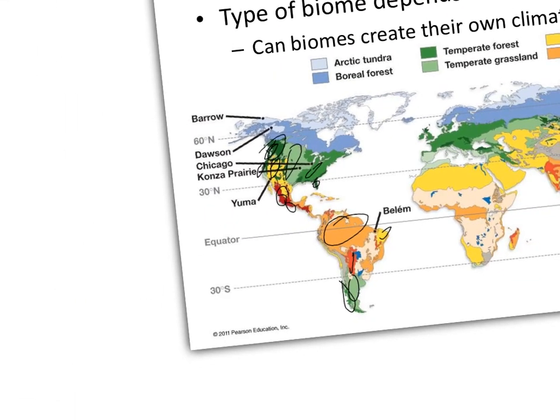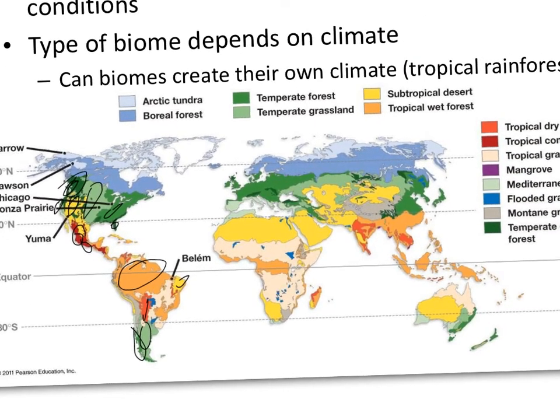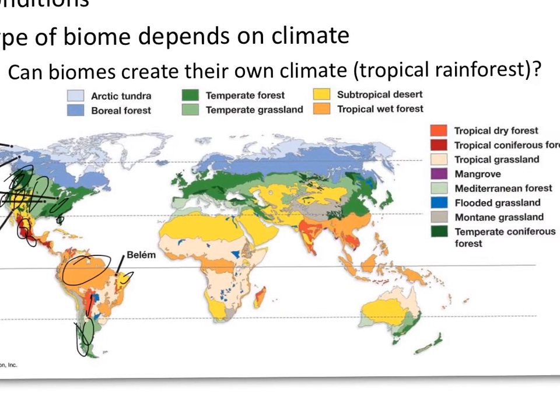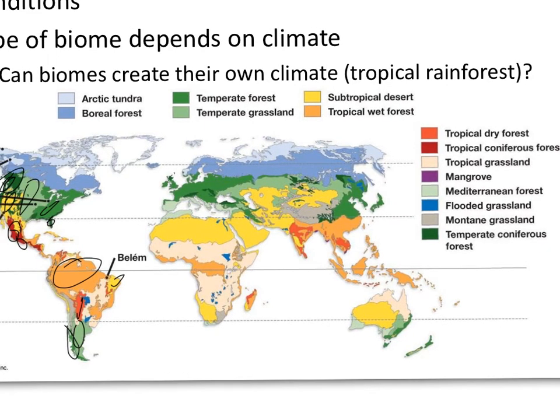So there's all these different biomes. We can see tropical wet forest, which is the orange. Subtropical desert is yellow. Tropical dry forest is the red.